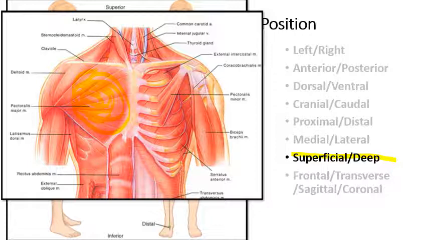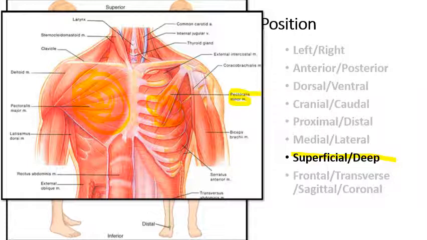Underneath, we have another set of muscles located underneath the pectoralis major that are referred to as the pectoralis minor. The only way that you can actually see those muscles is to cut away the pectoralis major. So you have to dissect and get underneath the pectoralis major to see the pectoralis minor. And so they are referred to as deep muscles. So be aware of the terms superficial versus deep.